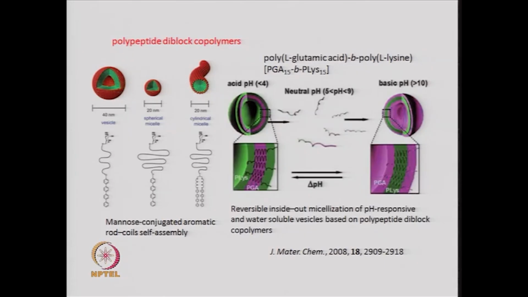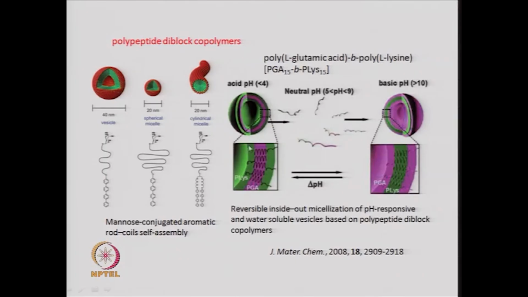On the right side, we see an example where you have started with a polymer of L glutamic acid and L lysine, and one of them is more hydrophilic than the other. At low pH, that means less than 4, you see one kind of vesicle.